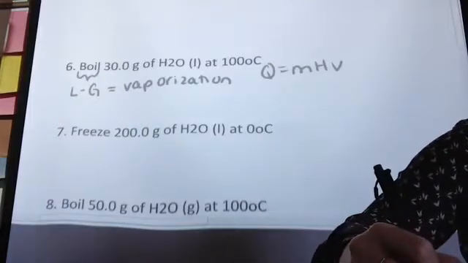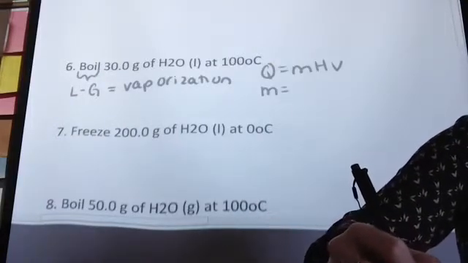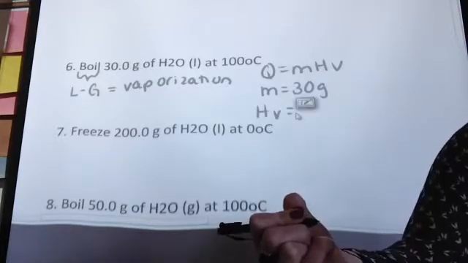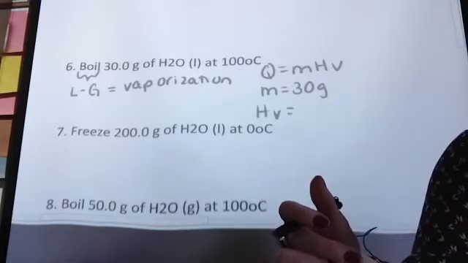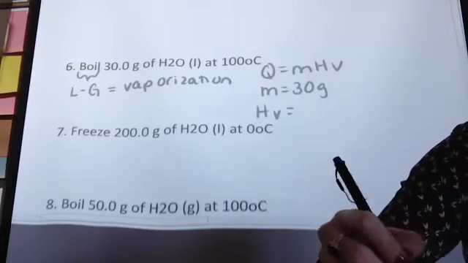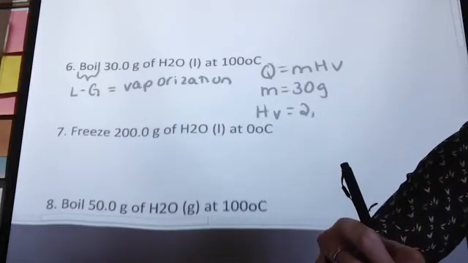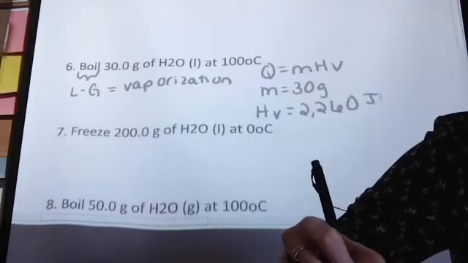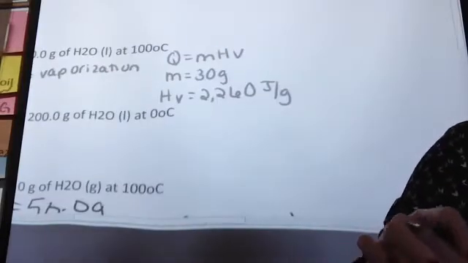The mass is given to me in the problem, which is 30 grams. HV is on your reference tables on the front side, which is 2,260 joules per gram. I wrote my equation.